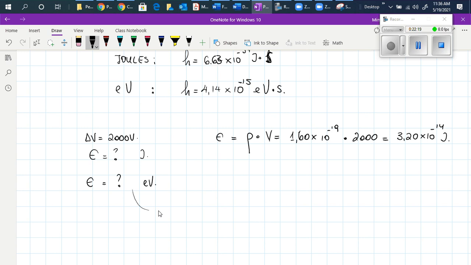But when we are using electron volts, again it is Q times V, but now instead of 1.6 times 10 to the power of negative 19, we just say 1 e times 2000 volts, and this will be 2000 electron volts. Okay.